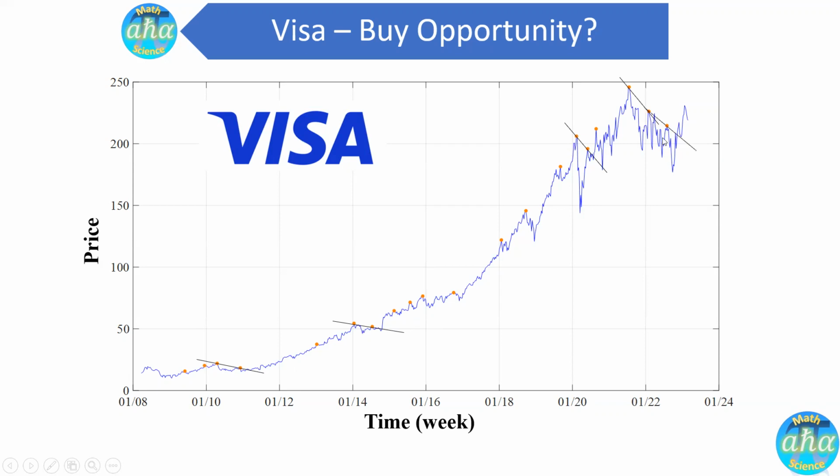And then, surprisingly, we find that every time the weekly close price closes above the downward trend, right here, you can see the price starts a new uptrend. Here, a new uptrend. Here, a new uptrend. And then the recent one, we are still in the consolidation, but we suspect this could be the suggestion that a new uptrend will start.